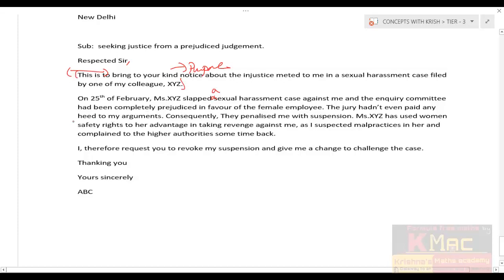See, this word heed is a good word. Paying heed means paying attention. Instead of writing attention, you are using a good word, heed. Consequently, see, I'm using consequently to connect the sentences. I'm not ending the sentence abruptly. Once I'm done with a sentence, I use connecting words like consequently so that the flow is maintained. So consequently, they penalized me with suspension.